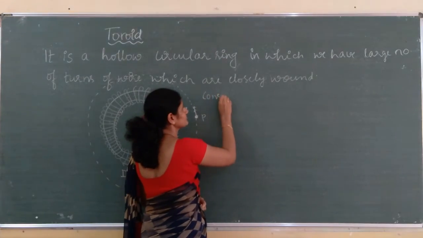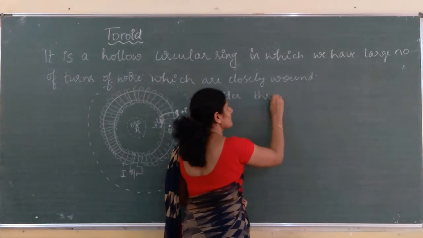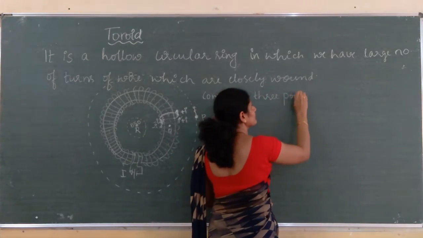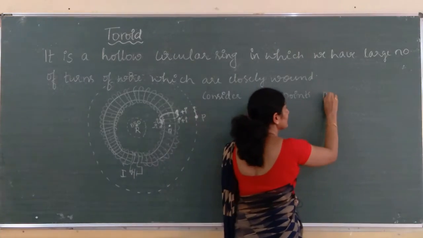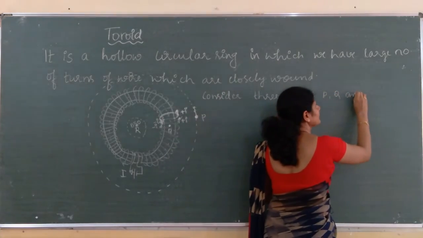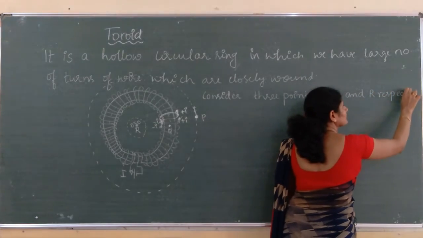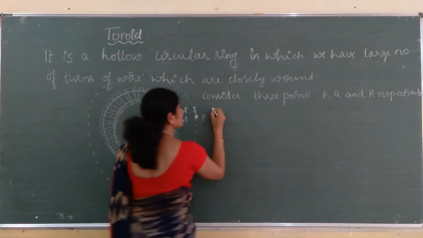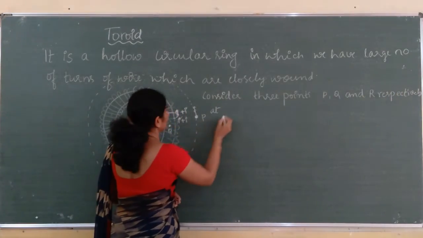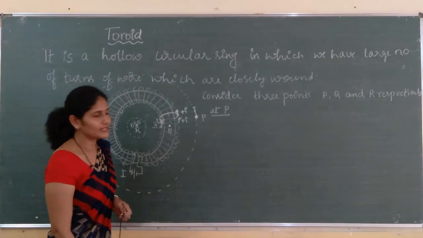Consider 3 points P, Q and R respectively. At P, what is the expression for magnetic field?